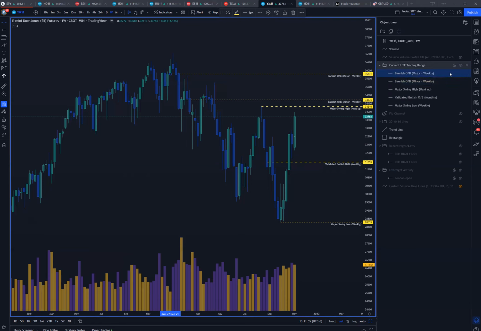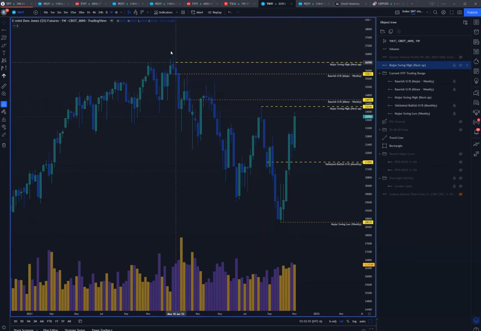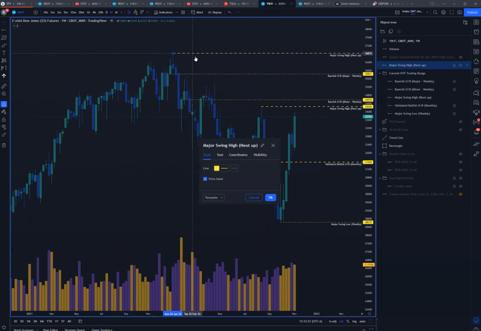Yeah, okay, they're in the right order. Okay, good. It's almost like you want to categorize the swings in three different categories, because this one is obviously more major than the next one there.